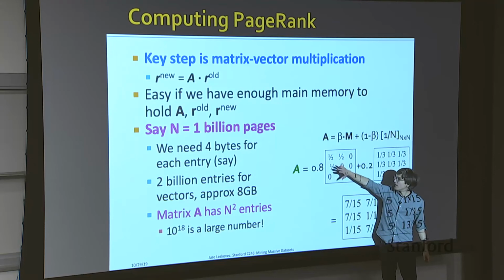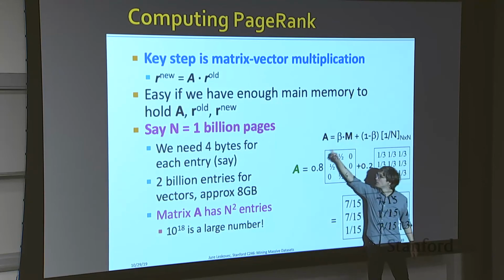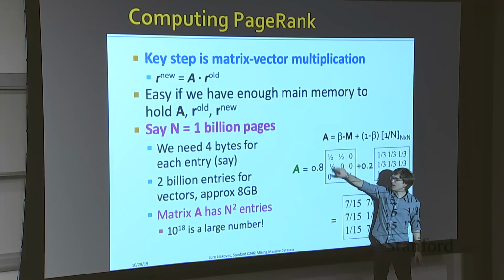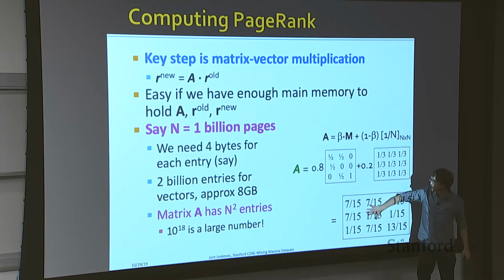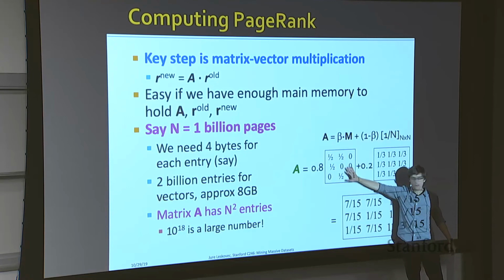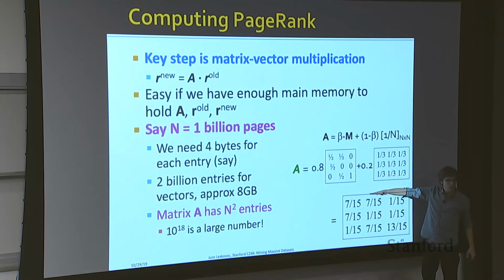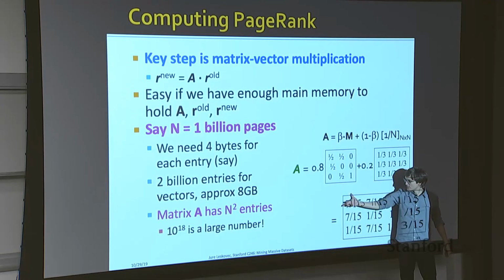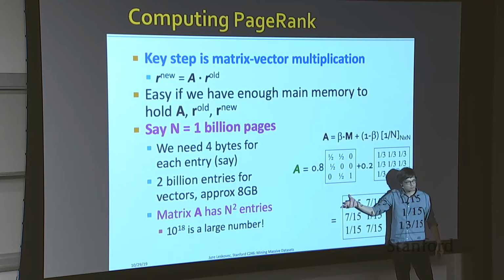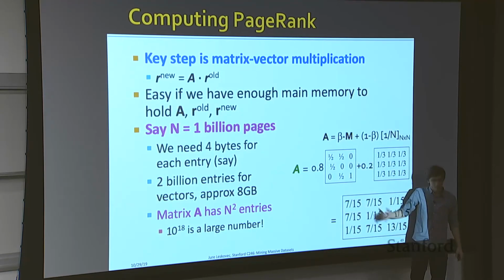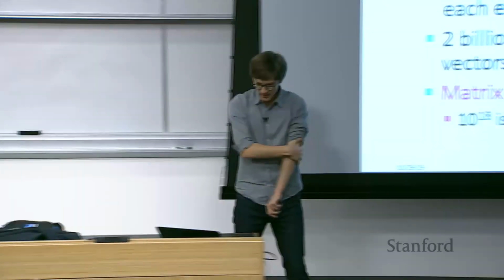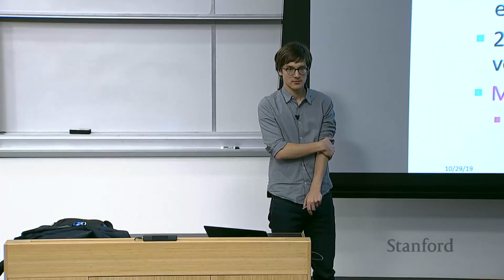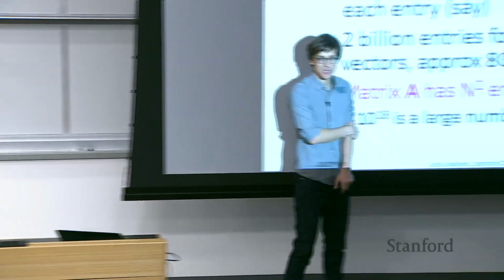In our AltaVista case, this was 200 million by 200 million, and it had 1.5 billion non-zeros. A billion is 10 to the 9. Here it would be 200 million times 200 million, so 10 to the 8 times 10 to the 8, which is 10 to the 16. 10 to the 16 is 10 million billions, 10 to the 7 times 10 to the 9.